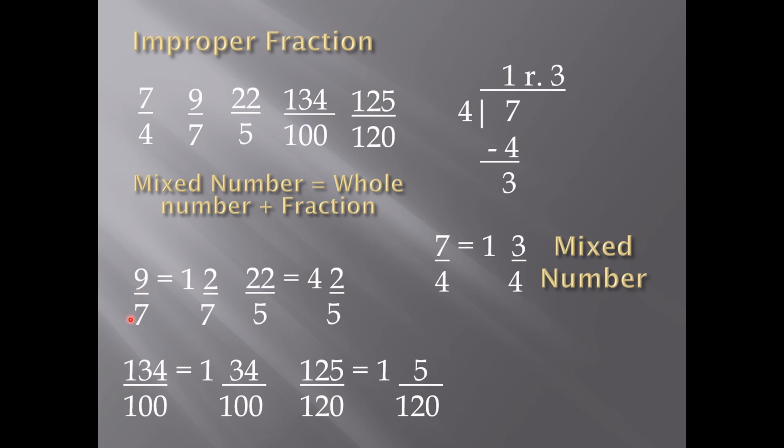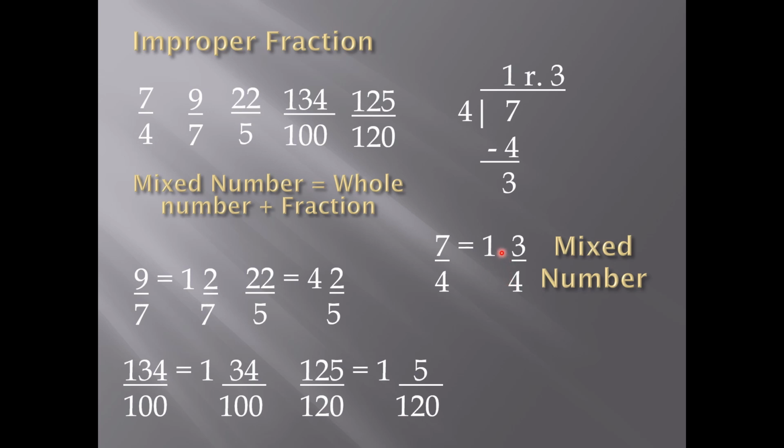So 9 over 7 will be represented as a mixed number of 1 and 2 over 7, while 22 over 5 will be 4 and 2 over 5. 134 over 100 will be 1 and 34 over 100, and 125 over 120 is 1 and 5 over 120. Now, how can you be sure that these numbers are basically the same?